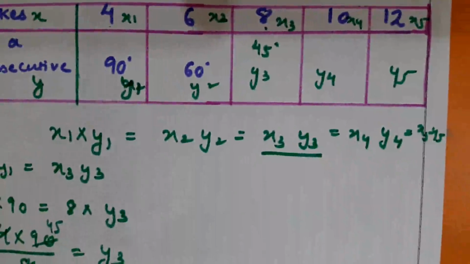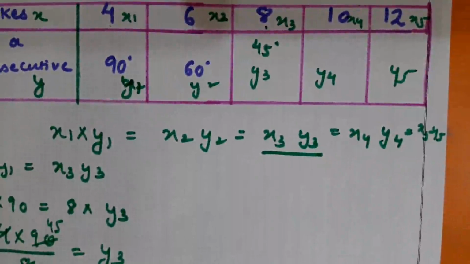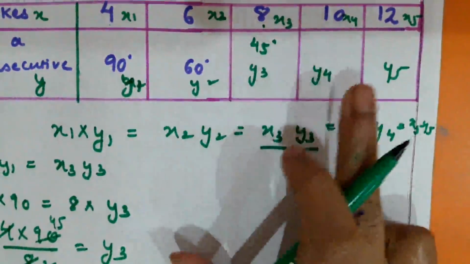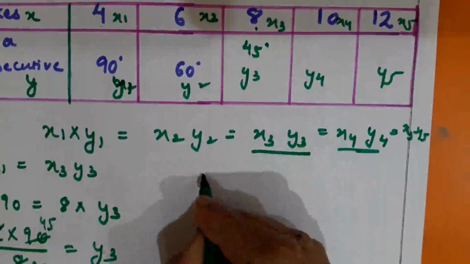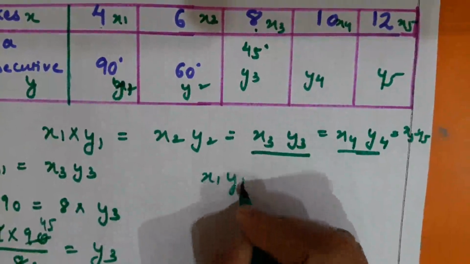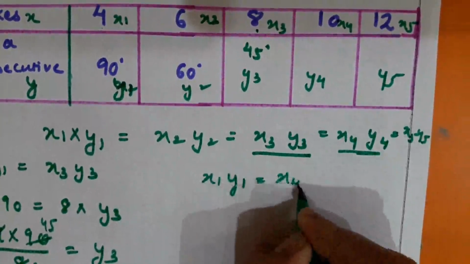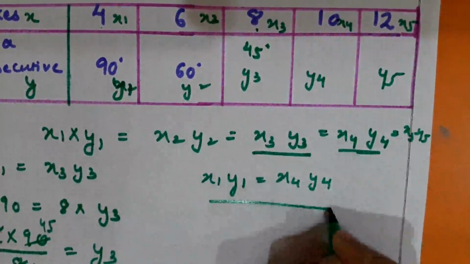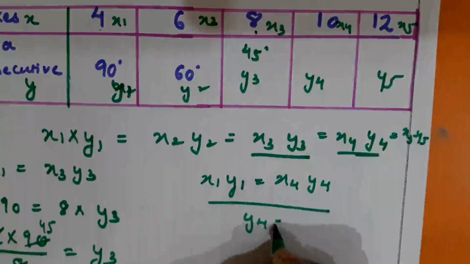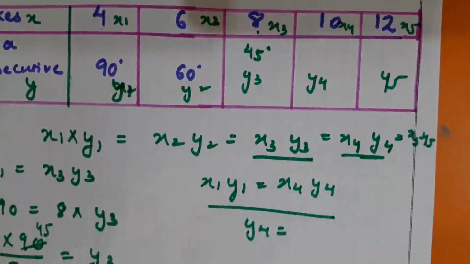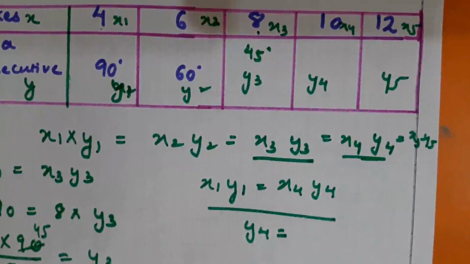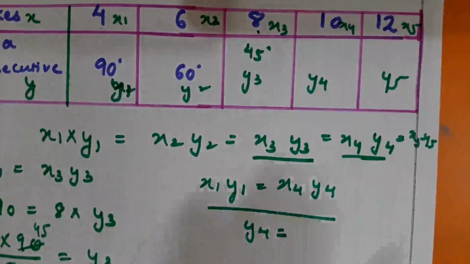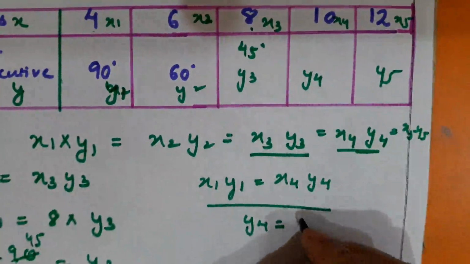Then in this way, if 10 spokes are there, you are able to find the y4 value here. So again make the situation x1 y1 equal to x4 y4. Solve this equation, you will get the y4 value equal to 36.